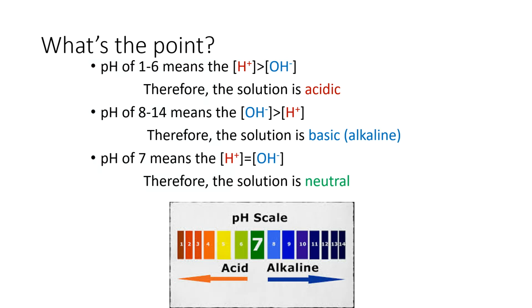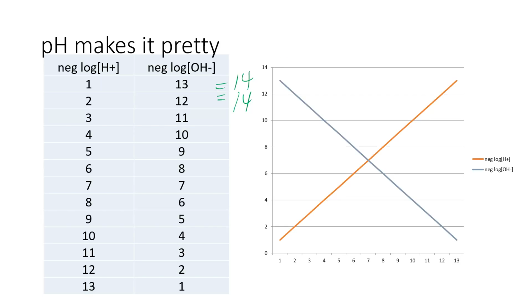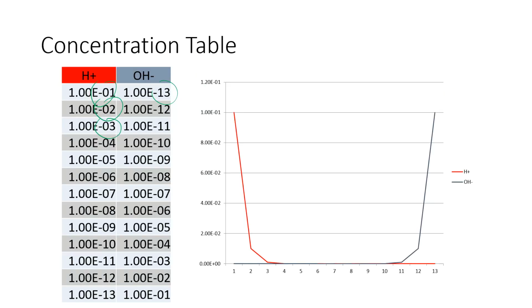So at the end of the day, what does all this mean? If you have a pH between 1 and 6, let me turn this red. So if your pH is between 1 and 6, then that means your H plus concentrations are higher than your OH minus concentrations, right?